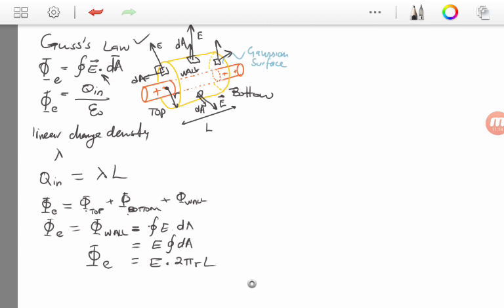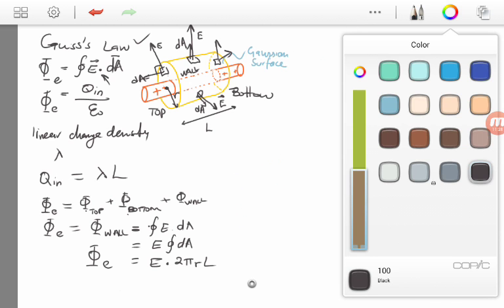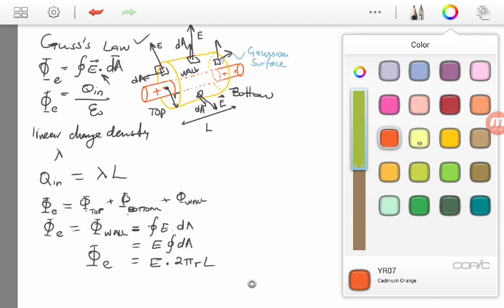We're basically done now. We're almost done. We just have to put everything together. Let me change color.